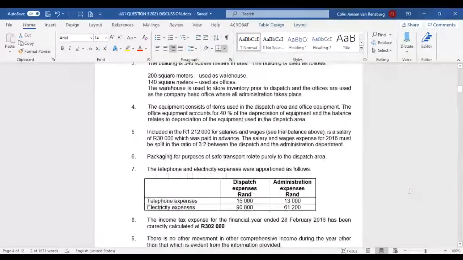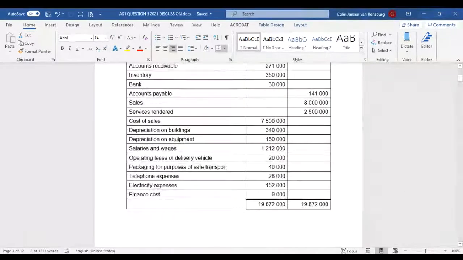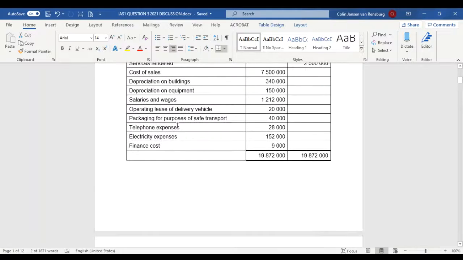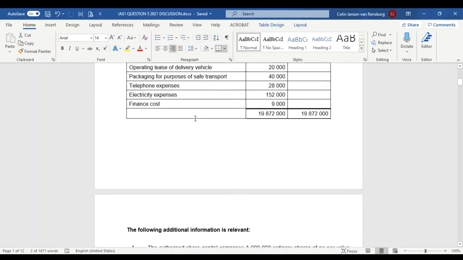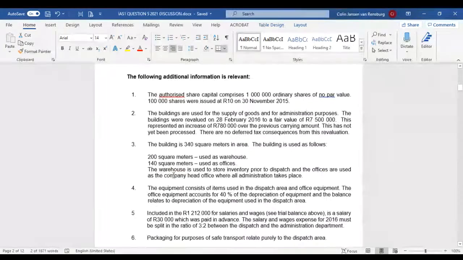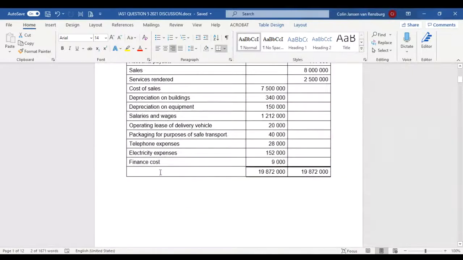So now let's go and have a look at our next expense. The reason, like I said earlier, why I do it this way, where I do it in the sequence of the trial balance, is that if you find an expense here that has not been allocated and it is allowed to be allocated, and there is no information here about how to allocate it, it means you must still go and allocate it, and you may have to find an appropriate way to do that, right?